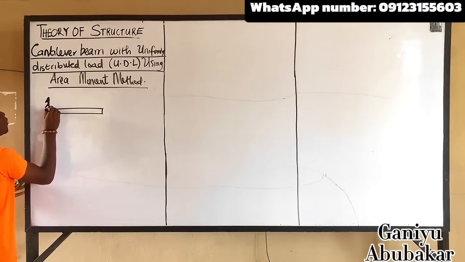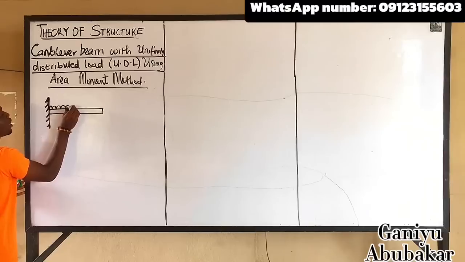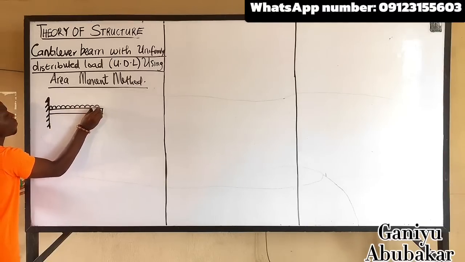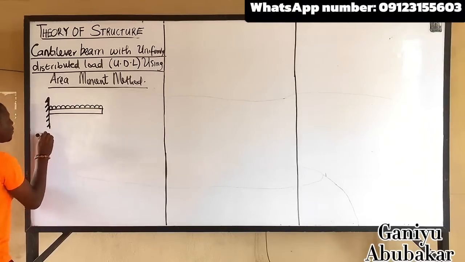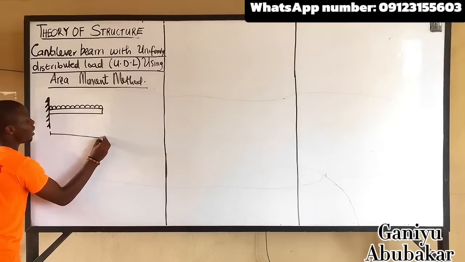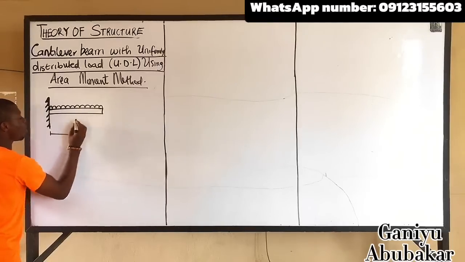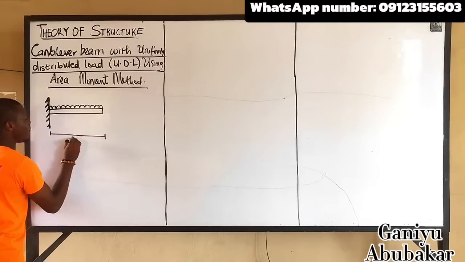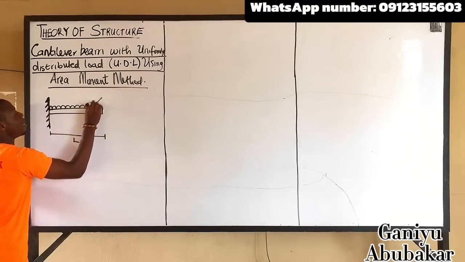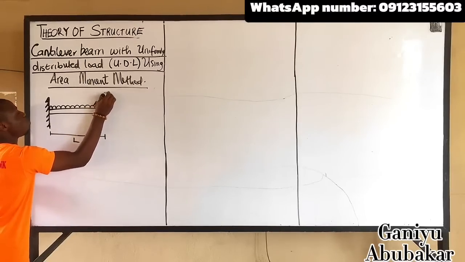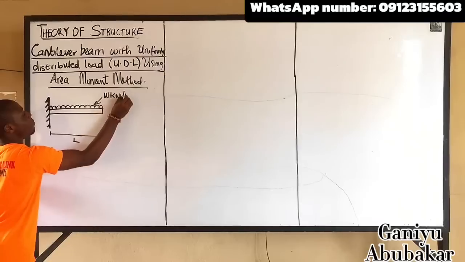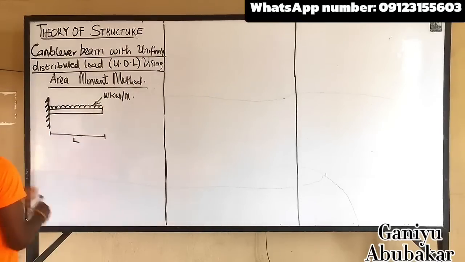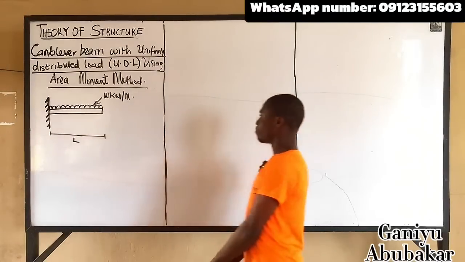I have a span of length L, which becomes my entire length L, and this is my weight W in kilonewton per meter. All right, I have the diagram illustrated here.